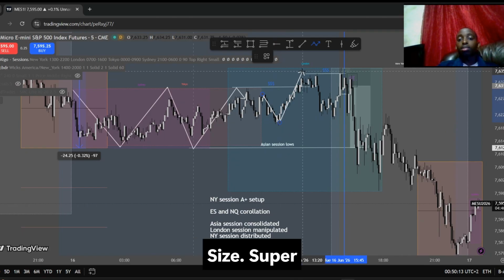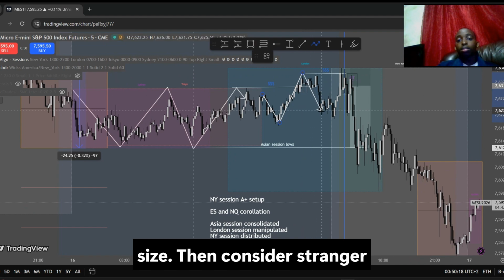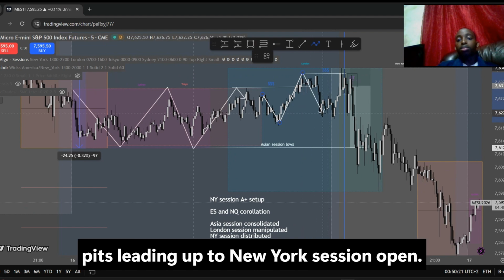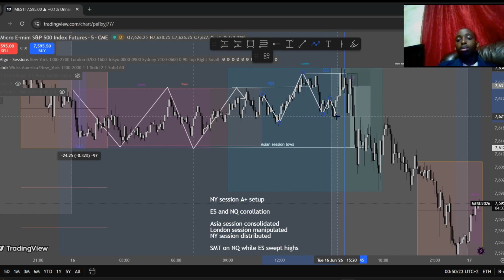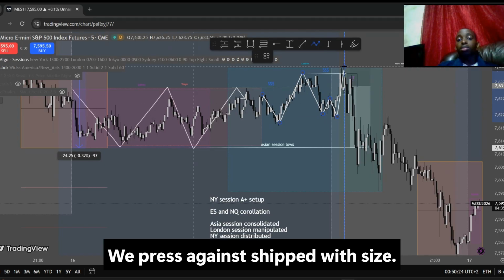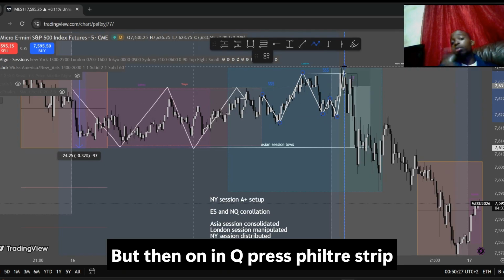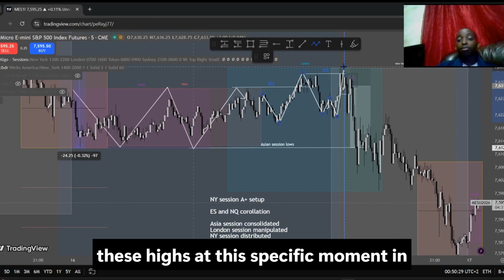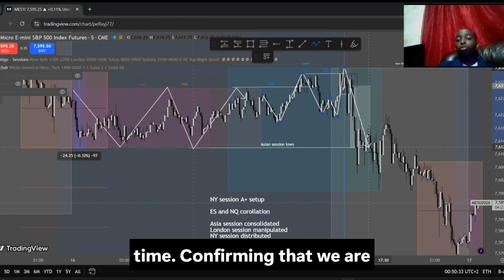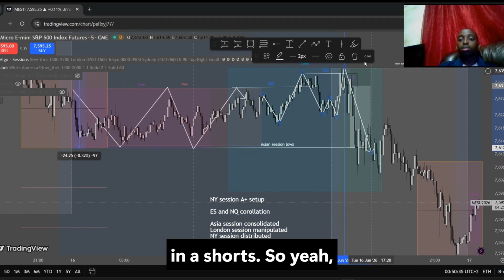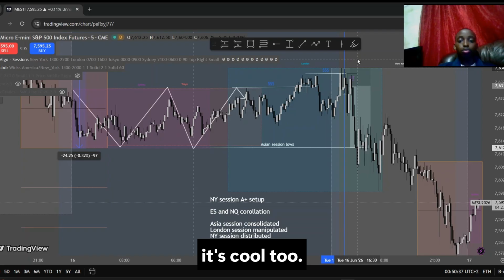We swept those highs, and then continued to range a bit, leading up to New York session open. Price again swept those highs, but then on NQ, price failed to sweep these highs at this specific moment in time, confirming that we are in shorts.